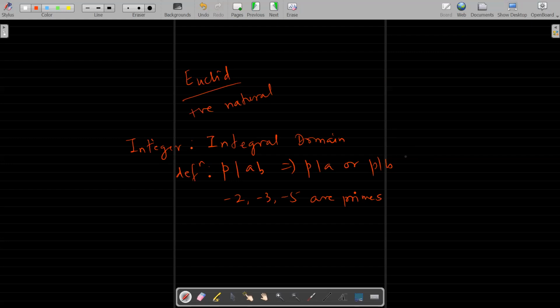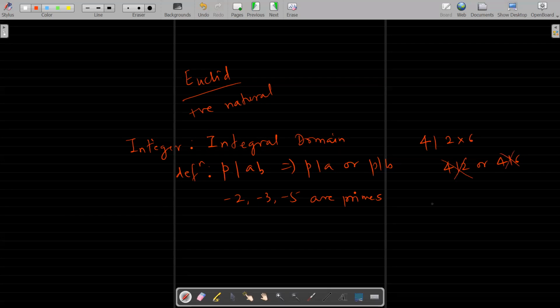Even in the case of integers, this definition holds true. For example, 4 divides the product of two numbers, say 2 into 6. Shall I say 4 divides 2 or 4 divides 6? Neither is true.